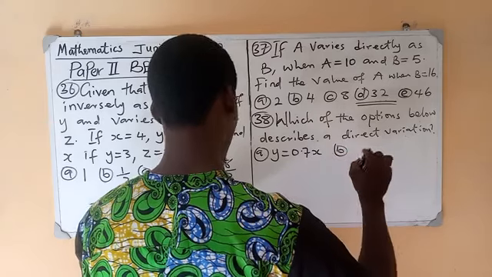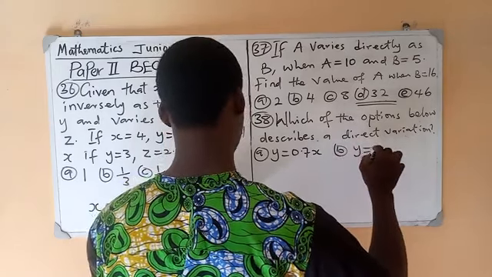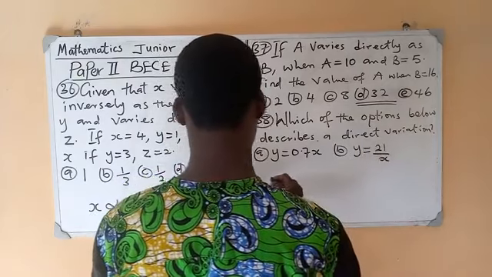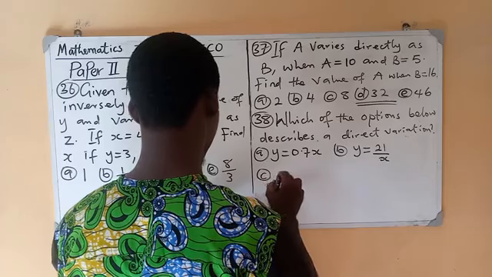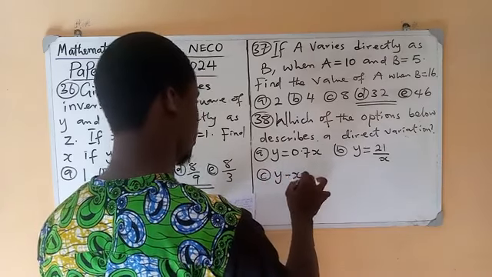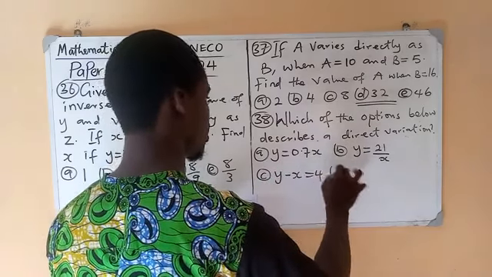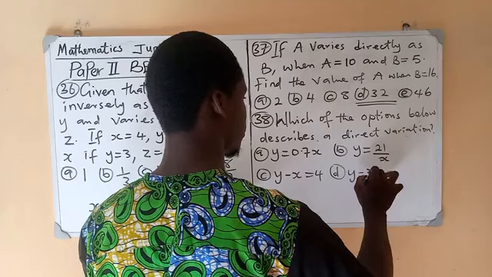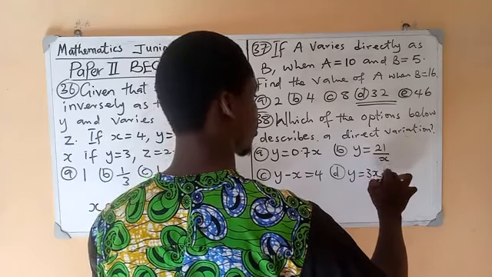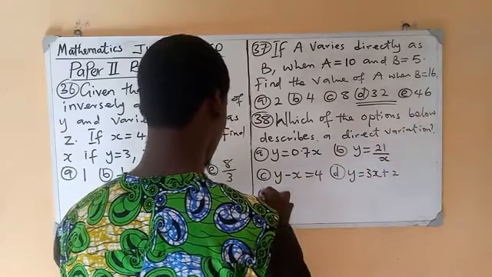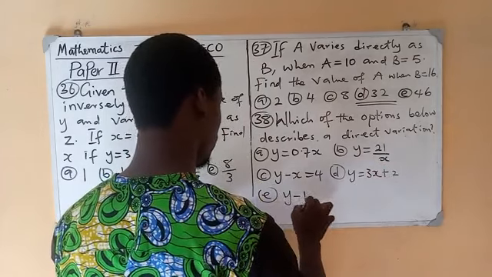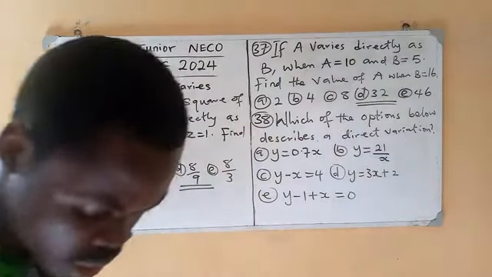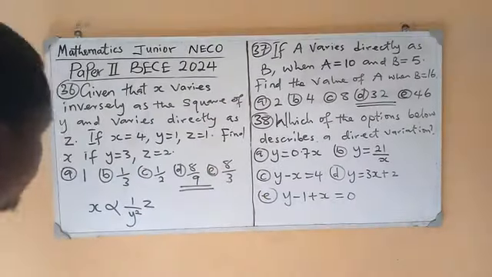B, we have y equal to 21 over x. C, we have y minus x equals 4. D, we have y equal to 3x plus 2. And option E, we have y minus 1 plus x equal to 0. Alright, so now let's go to the other side of the board.